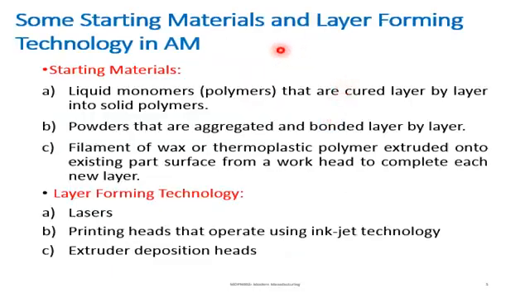Now let us focus our attention on some starting materials and layer forming technologies of these materials. We have to mention in the beginning that we have a wide spectrum of materials and a wide spectrum of technologies used in additive manufacturing. These are very fundamental, basic examples. The starting material could be a liquid polymer that is cured by an ultraviolet laser, and when it is cured in a layer by layer fashion, it becomes solid polymer, which makes our product.